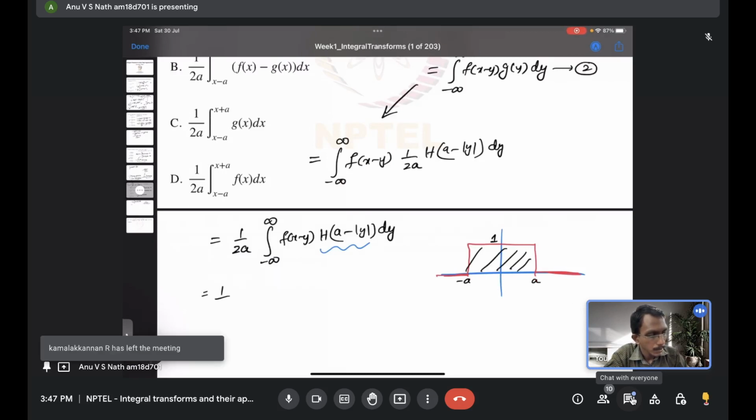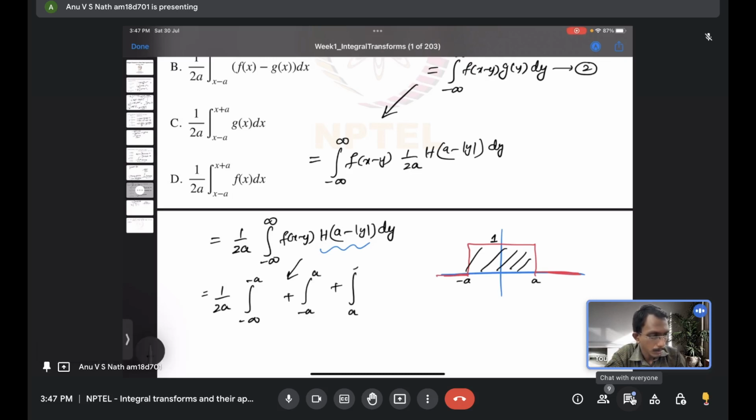So that means this integral I can split into minus infinity to minus a, then minus a to plus a, and then plus a to infinity. From minus infinity to minus a and from a to infinity its value is exactly 0, so those two integrals are 0.